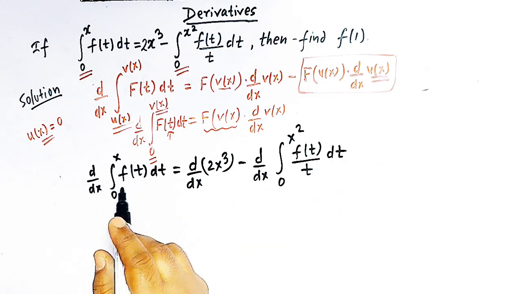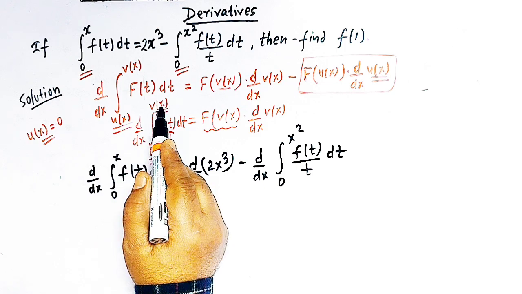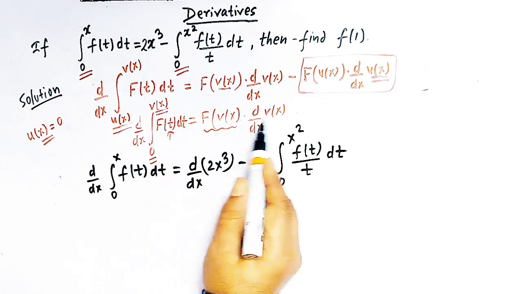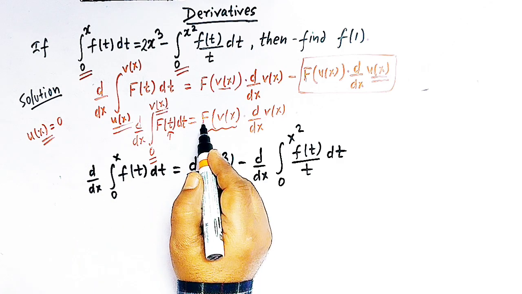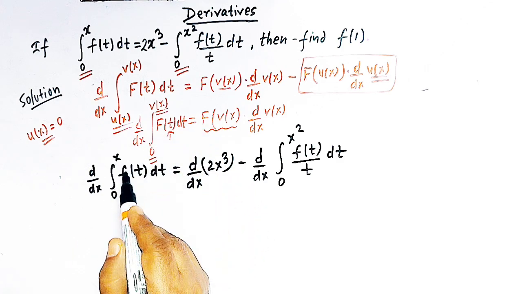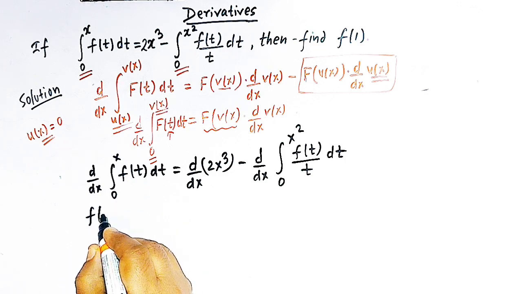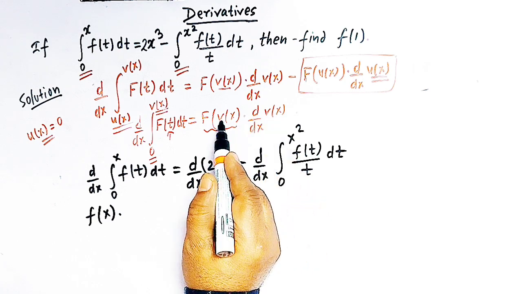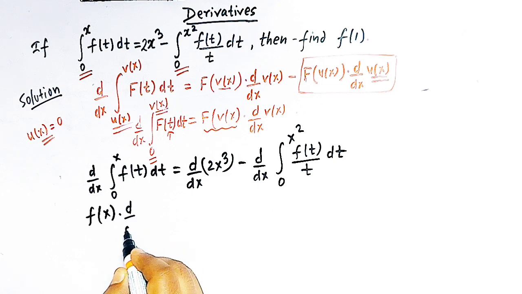So now if we compare this integral with this one, then v of x is simply x. So applying this result to this integral, we have here for f of t as small f of t. So now we have simply f of x here and the derivative of v of x, and v of x is simply x. So the derivative of x is 1, right?